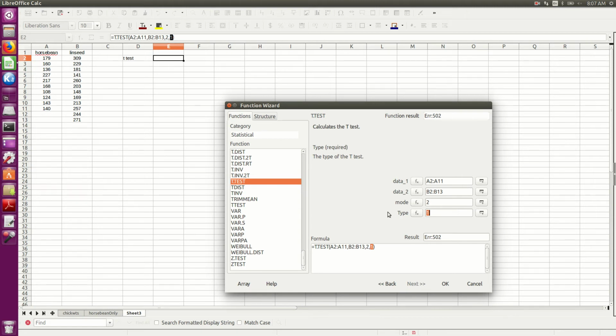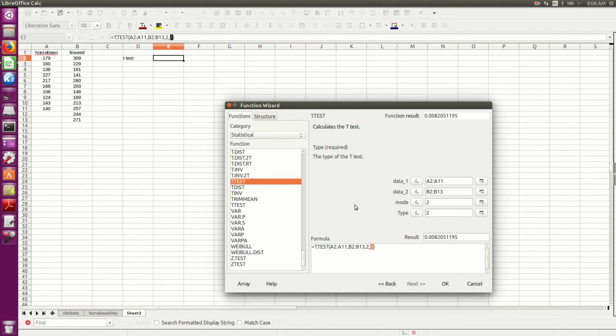Well, because type 1 is trying to do paired, and these can't possibly be paired because I'm missing data here. And so it actually was at least smart enough to know in that case that if I had said paired, I was being a little silly, because it wouldn't make sense. Even if I thought for some reason I should have paired data, it doesn't.